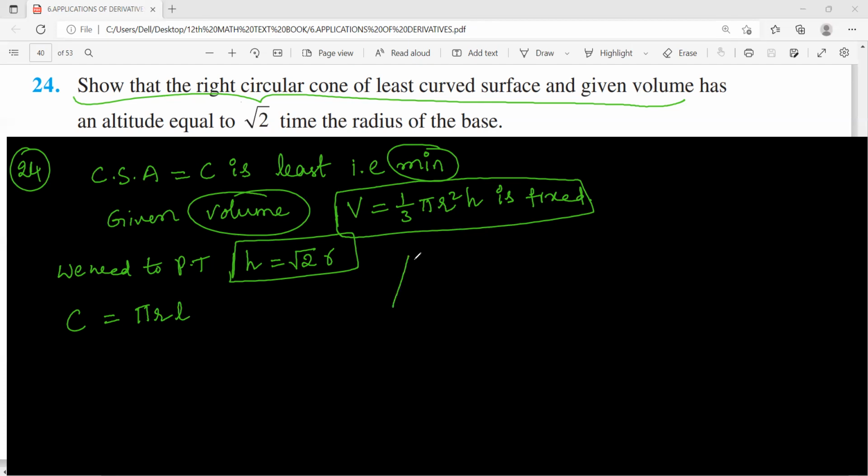So this is your cone, with height h, radius r and slant height l. And l square equals r square plus h square.